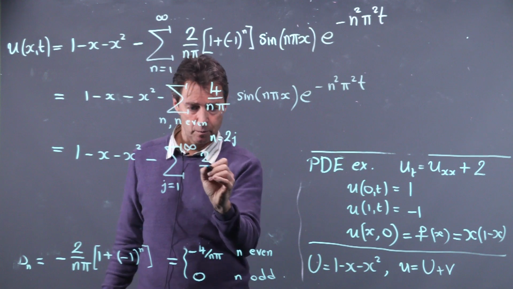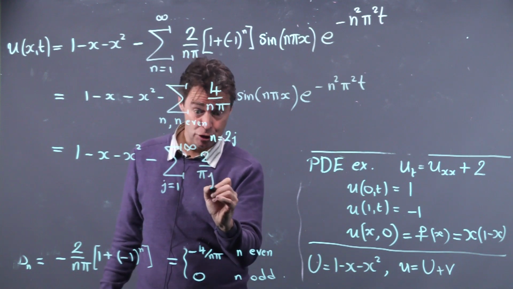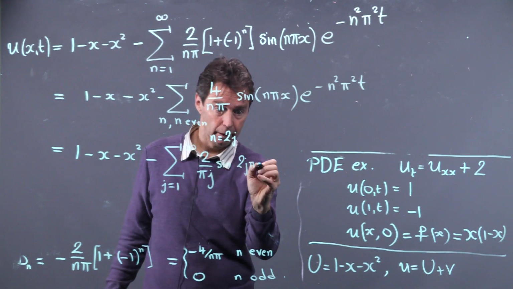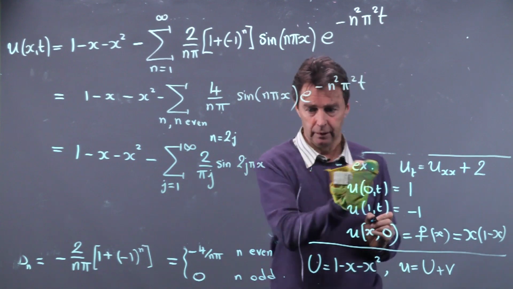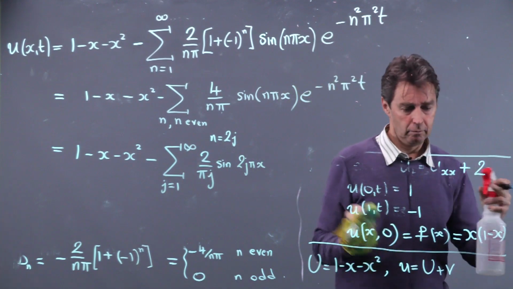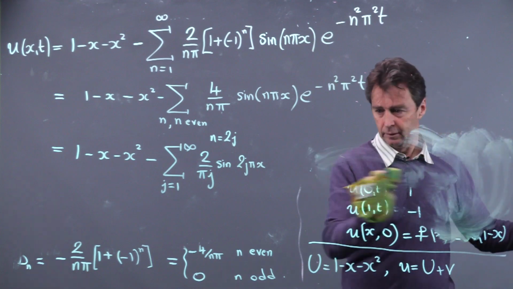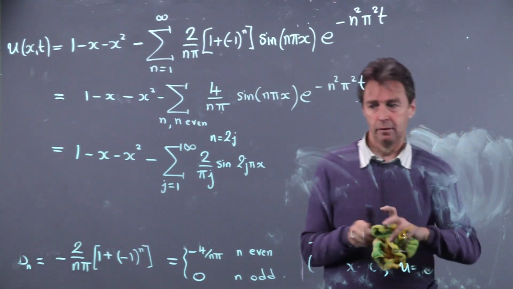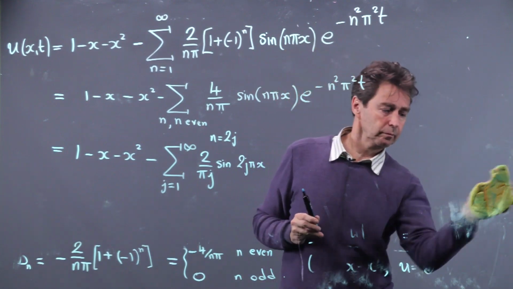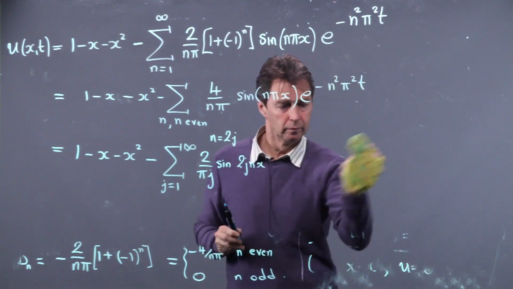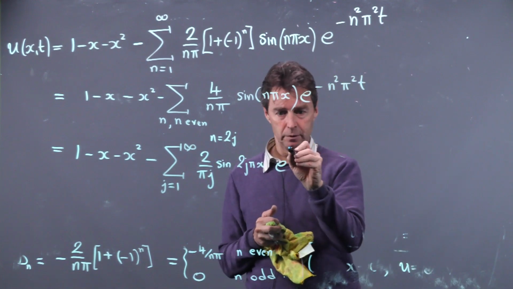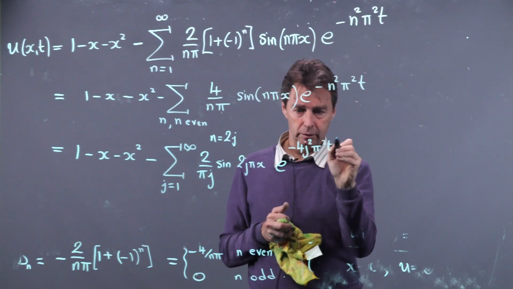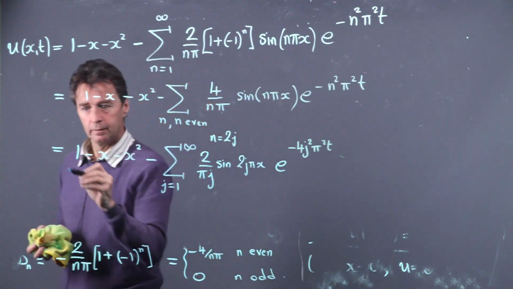So this is now 2 over pi j. This becomes sine of 2j pi x. And I've got the exponential, which becomes minus 4j squared pi squared t. So there it is.